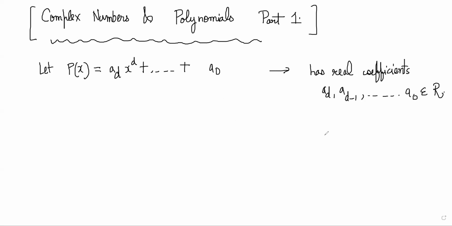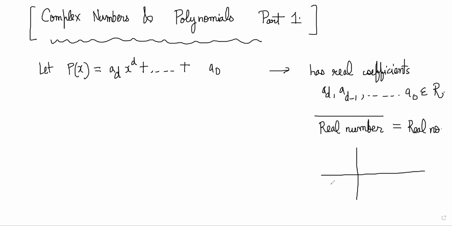Now we know the property that if you take the conjugate of a real number, it is equal to the same number, because real numbers are on the real axis of the number line, and the conjugate of a real number is itself. So this is a plus 0i, and the conjugate of this is equal to a. Because of that, we get this important connection.